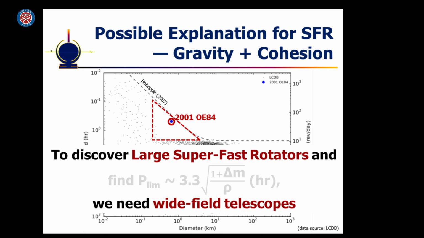And in this way, OE84 can stay here safe and sound. So it sounds like everybody is happy. But the problem is, if cohesion is a good solution for the asteroid structure, why is this triangular region so empty?